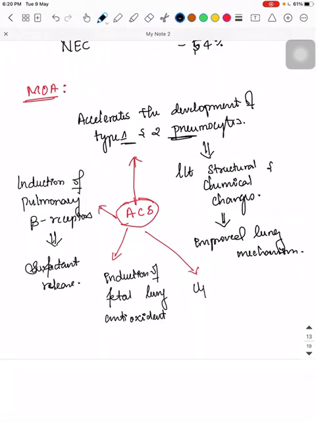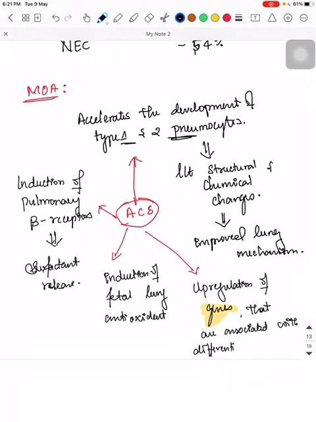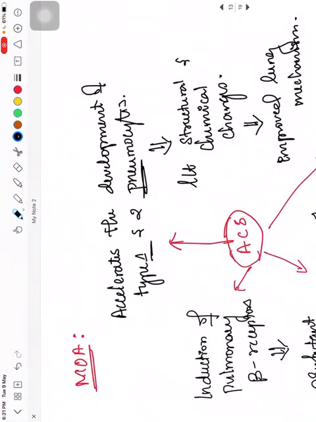So these are the mechanisms of antenatal corticosteroids. Okay. Next we will see the indications.